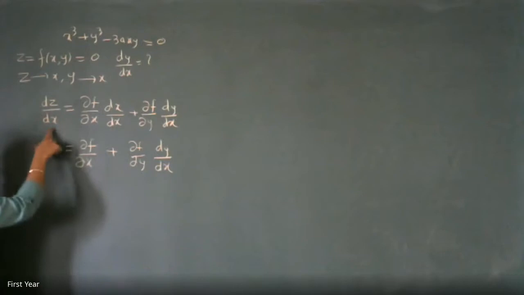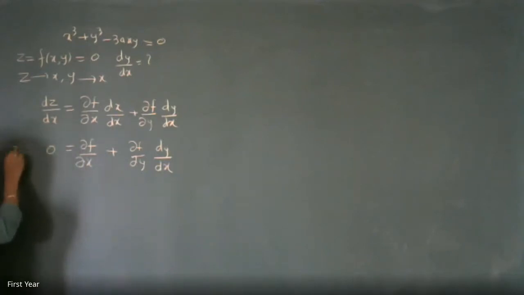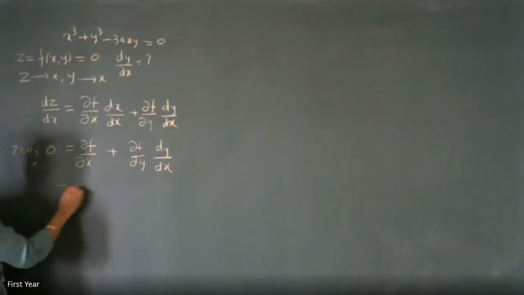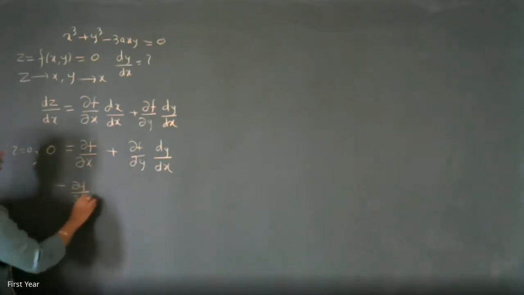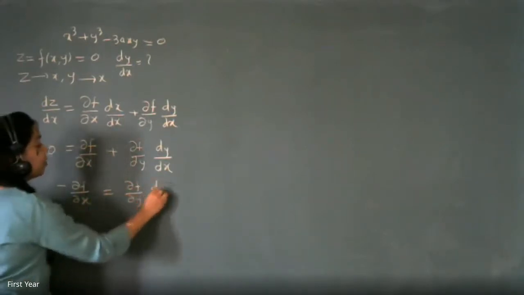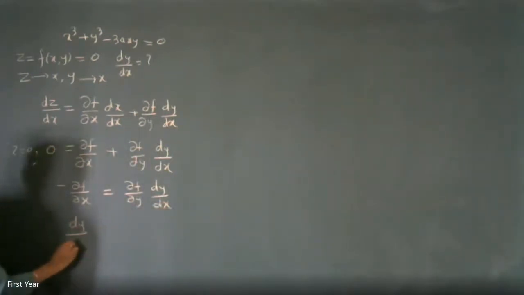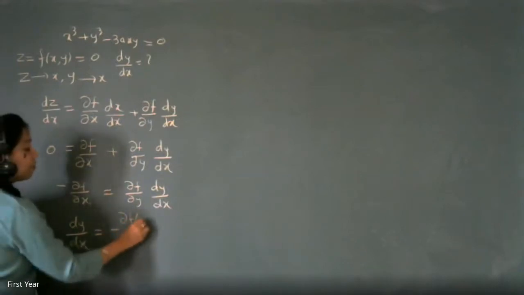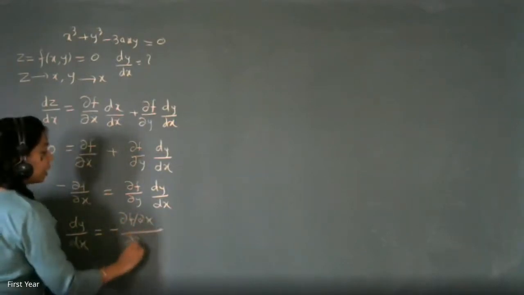So you get dz by dx is 0 since z is equal to 0. I have considered z is equal to 0 on the left hand side. So what will you get now? Minus delta f by delta x is equal to delta f by delta y into dy by dx. And then what is the formula for dy by dx? The formula for dy by dx is nothing but minus delta f by delta x divided by delta f by delta y.